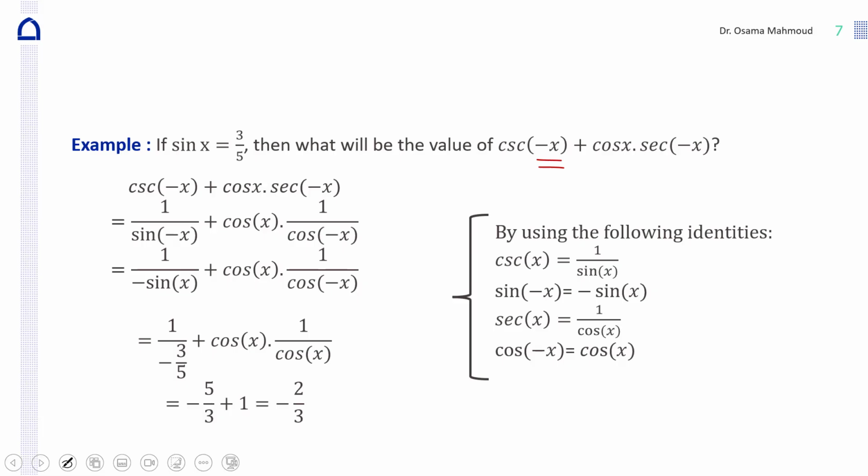Now I end up with, yes, after I finish, I replace the value of sine, right? How did I replace the value? I cancel out this one or this one. So I have only here, because cosine minus x is equal to cosine x, so I can cancel out this one. So I end up with 1 minus sine over minus sine x. I have sine x given, so this is the value for this algebraic term.